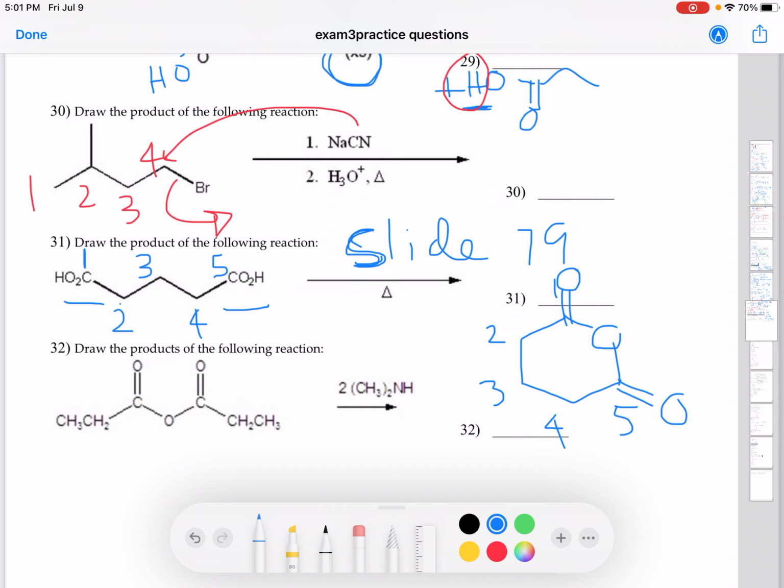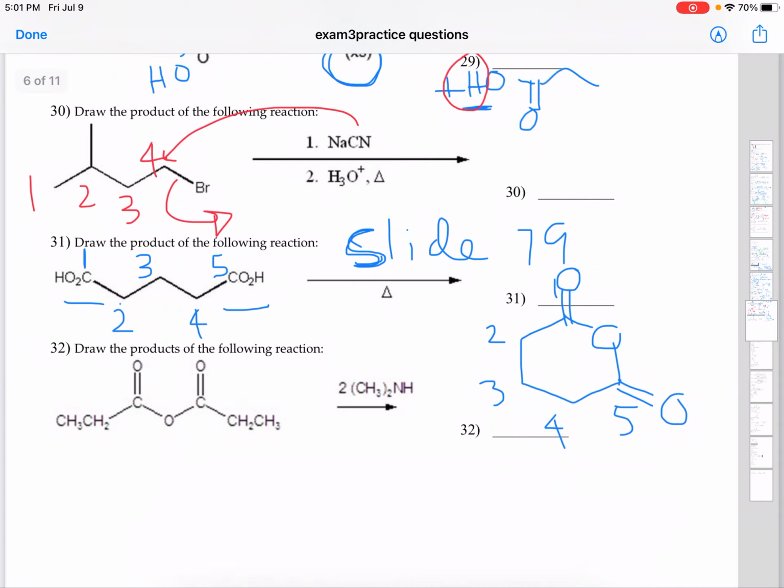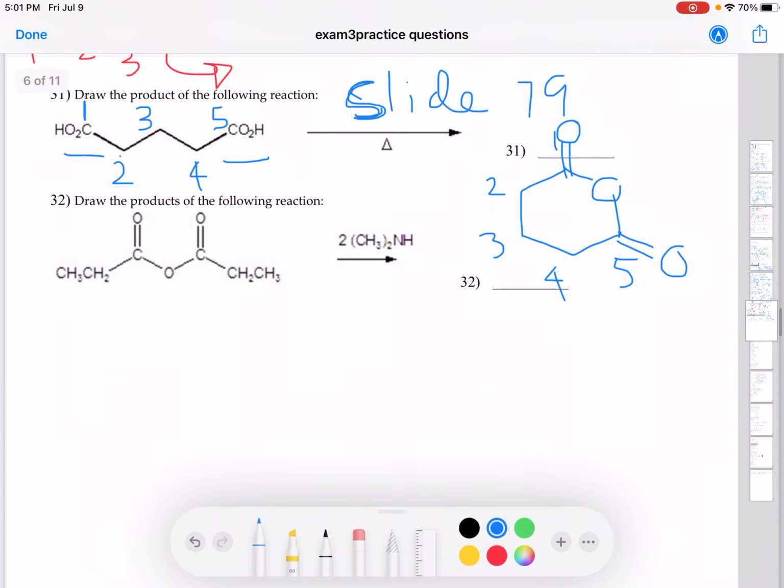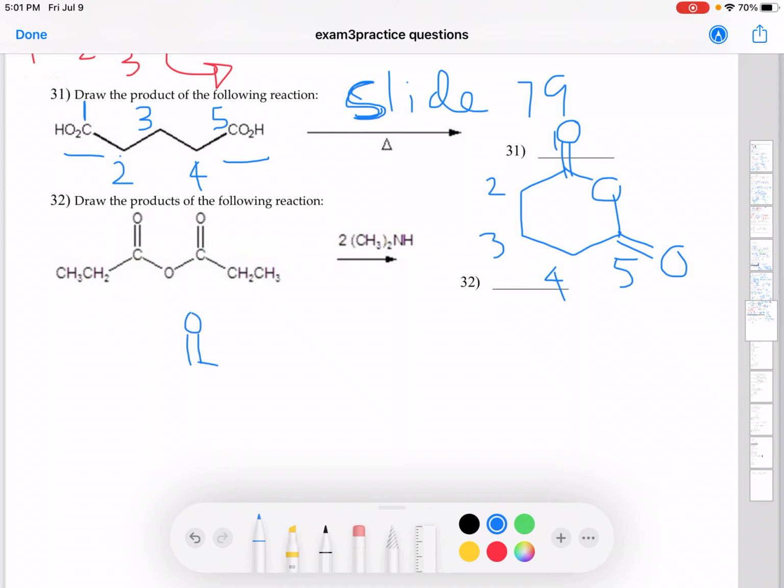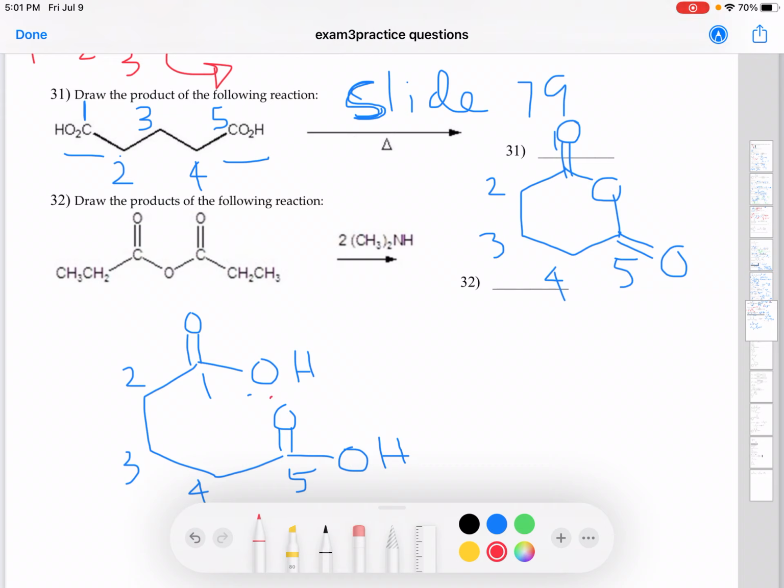So how is it going to happen? It's intramolecular. So one of these oxygens, I'm going to give you some explanation of how this happens.